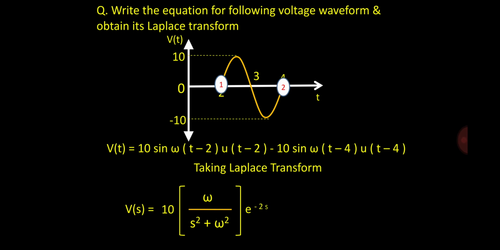Then minus 10 is again common. Then for sine the Laplace is omega upon s square plus omega square, and it is also delayed by 4, so e to the power minus 4s. So we got the Laplace transform of the equation.